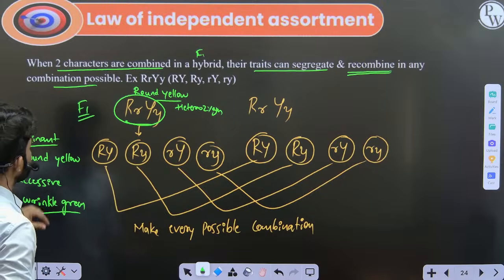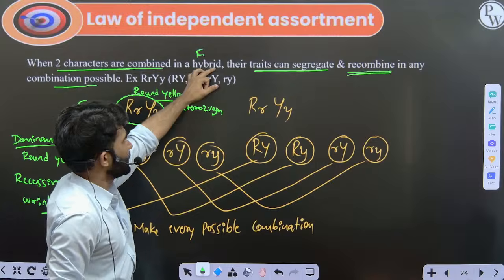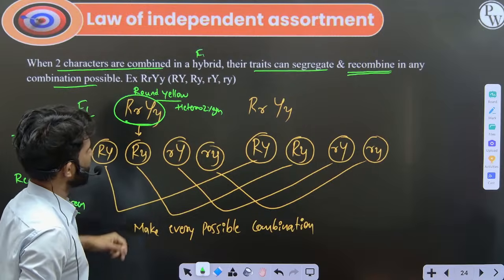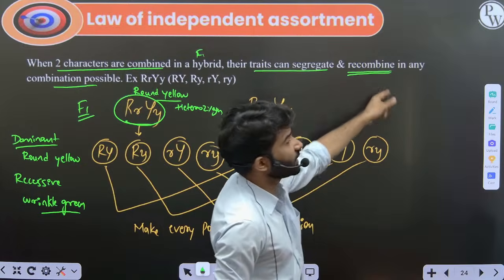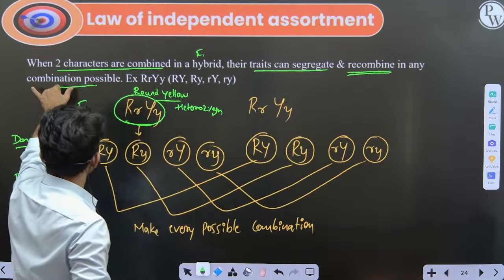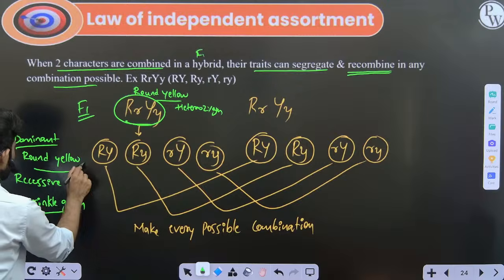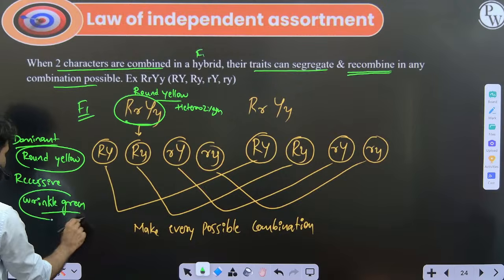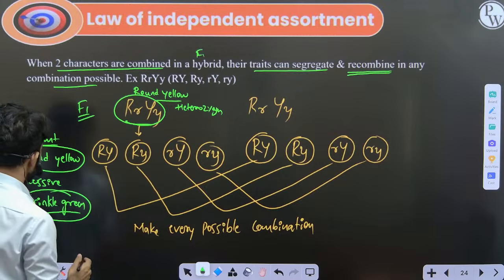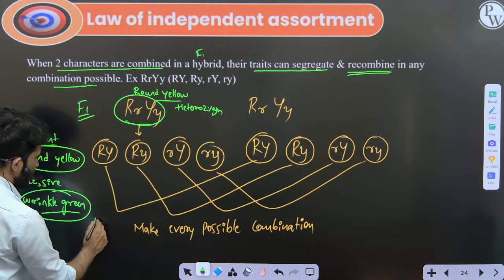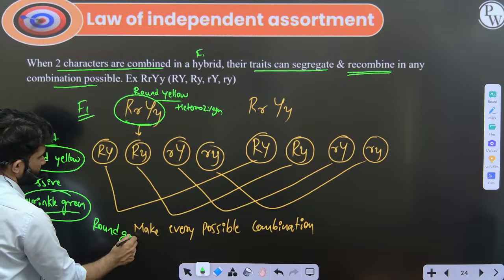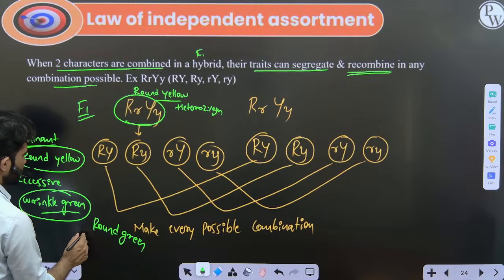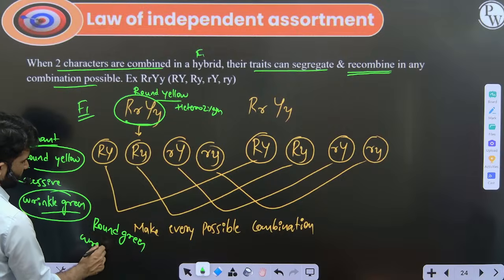What is the definition? When two characters are combined in a hybrid, their traits can segregate and they will be combined in any combination possible. Apart from this parental type, we also got different possibilities. What are those different possibilities? One is the round green, the other is third.